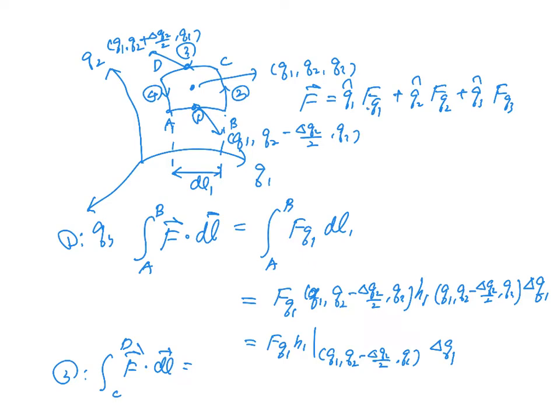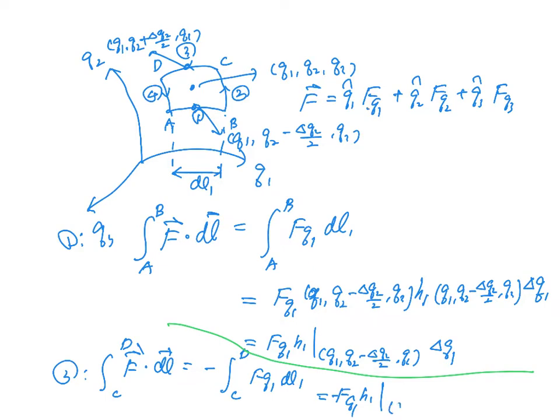So that will be minus the integral from C to D of f_q1 dl1, and maybe we need some boundary for that. Using the mean value theorem, that is minus f_q1 h1 evaluated at q1, q2 plus delta q2 over 2, q3, times delta q1.